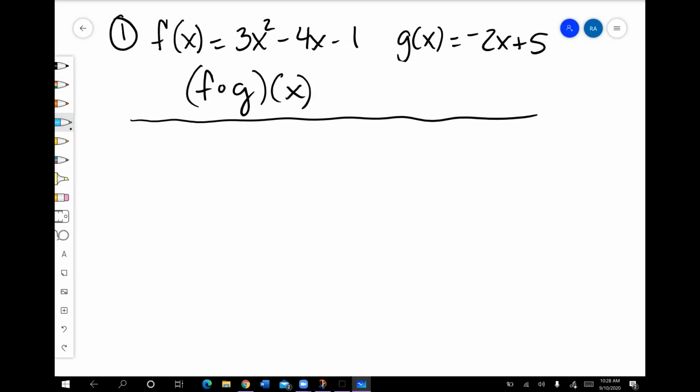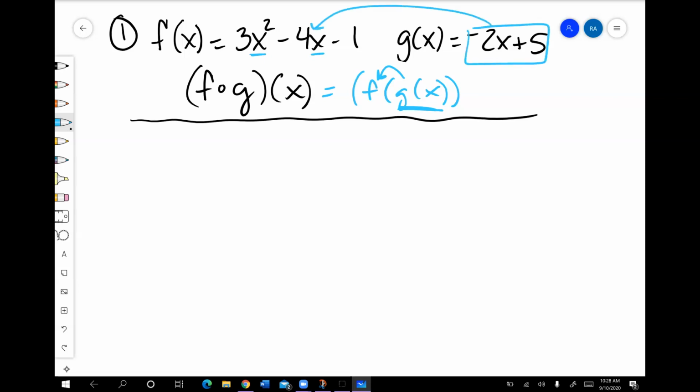So what this f composite g means, or as y'all say, FOG, it means f of g of x. That means I'm going to take the g function and plug it into the f function. That's where the substitute is coming from. I'm going to substitute all of f's x's for this g function. Okay?